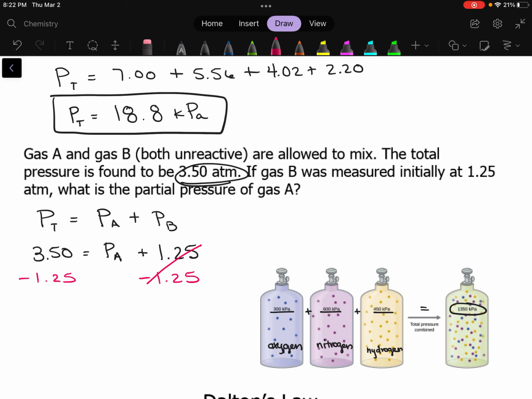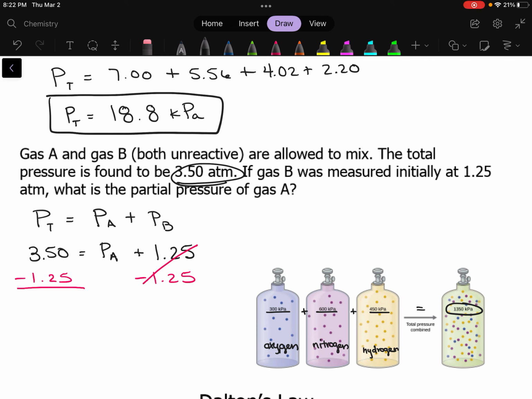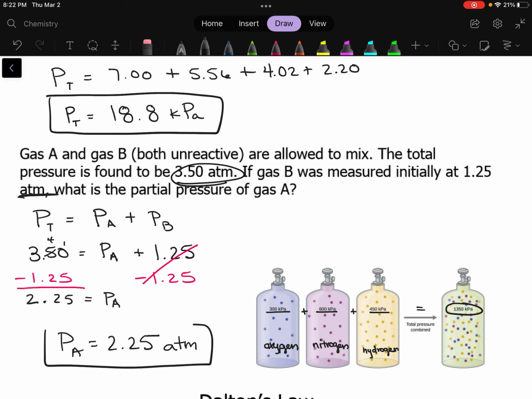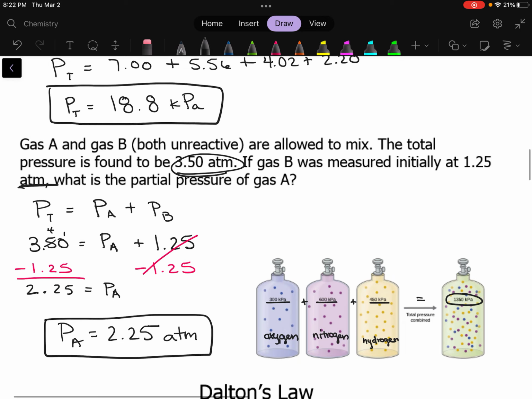So I can cross those out. Okay, so our final answer is partial pressure A equals 2.25, and on this one, we used atmospheres, ATM. Okay, so that is all for Dalton's law.